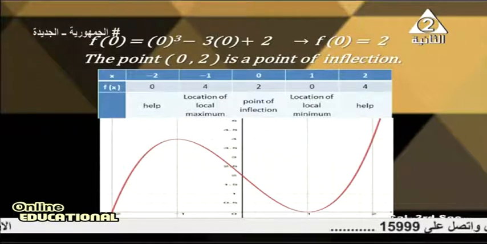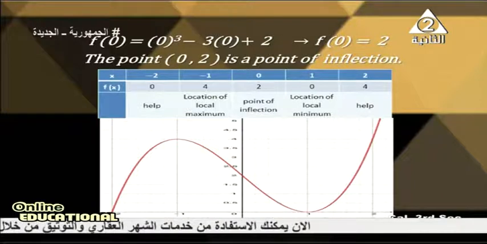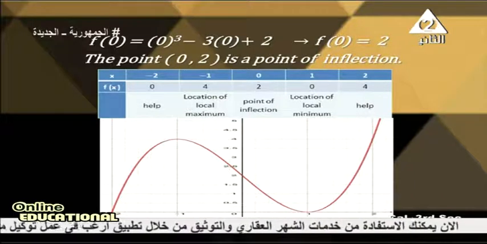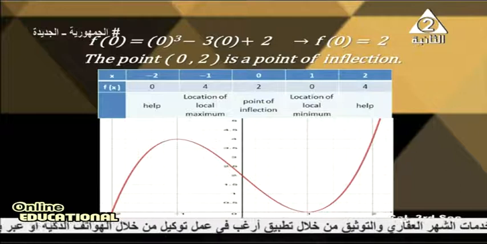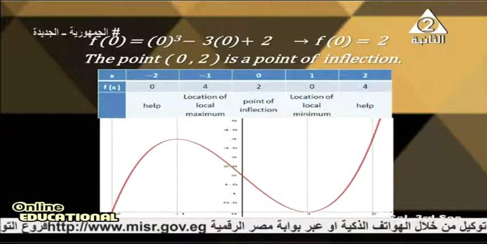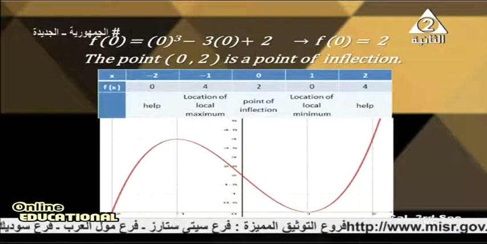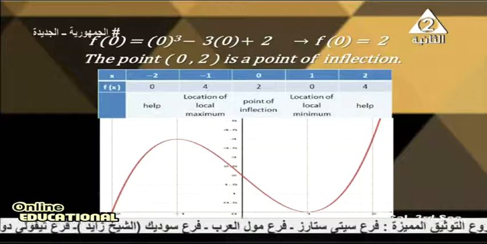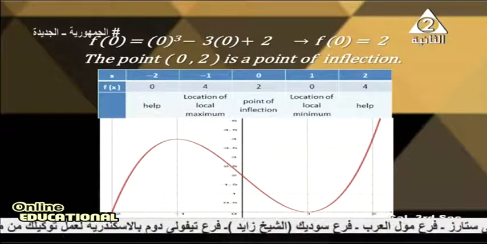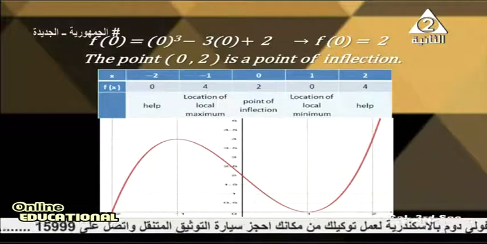Now the curve of the function is increasing from -infinity to -1 and decreasing in the open interval -1 and 1 and increasing in the open interval 1 and infinity. And the curve is convex upward in the open interval -infinity and 0 and convex downward in the open interval 0 and infinity.